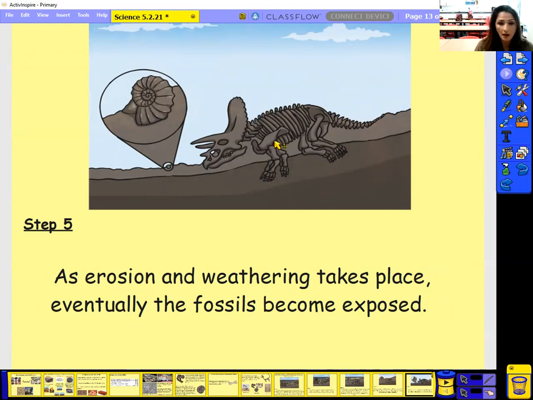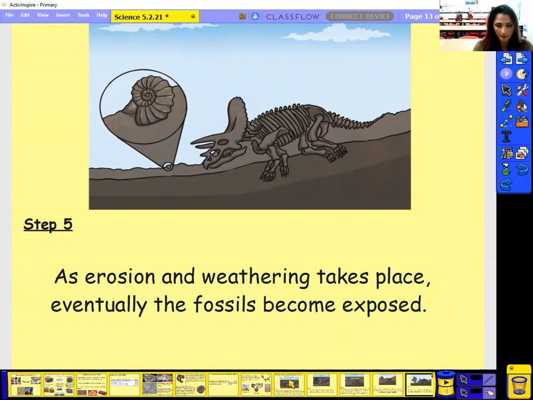And eventually the fossil will be exposed. Now, sometimes as well, paleontologists, the people who research dinosaurs and fossils, will also go to dig sites and try to discover fossils as well. So it can be through erosion and weathering, so things over time just wearing down, or it could be somebody who's trying to discover more fossils, okay, a paleontologist.